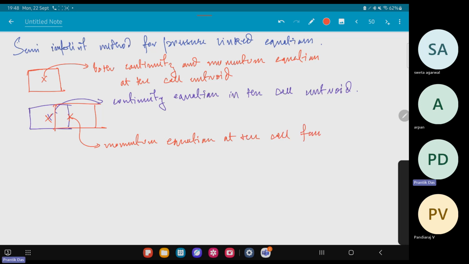So what is the requirement of going for this kind of an arrangement where we are solving the continuity equation here and the momentum equation at a staggered point?